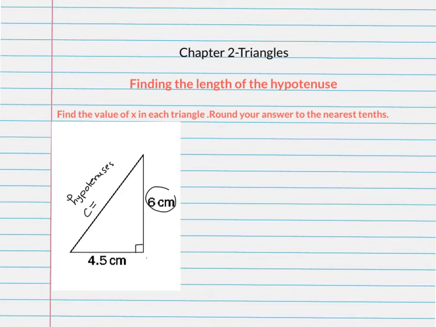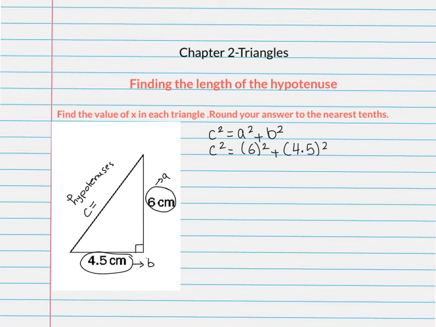Any of those could be A and the other one would be B. Again, this is a right triangle, so we can use the Pythagoras theorem, c squared equals a squared plus b squared. We are going to replace the a by its measure and the b by its measure.